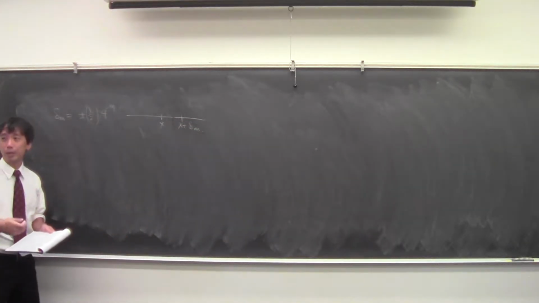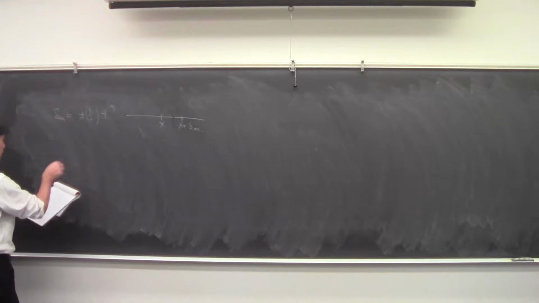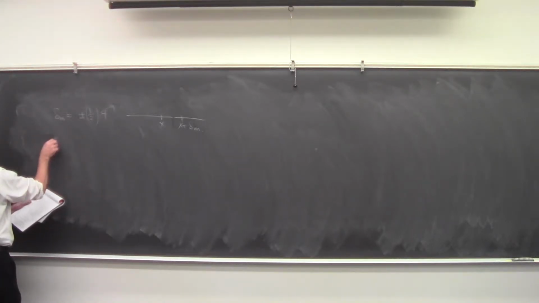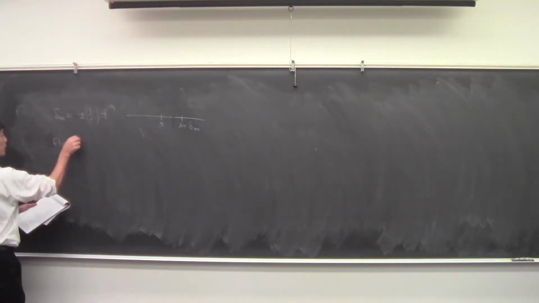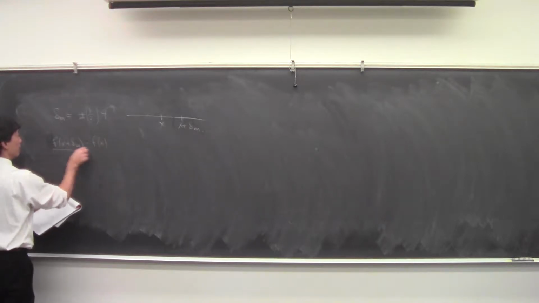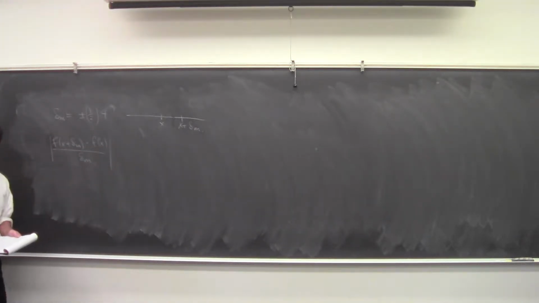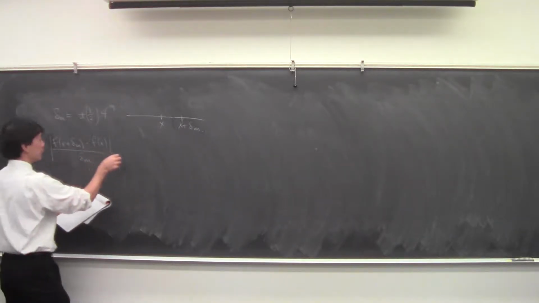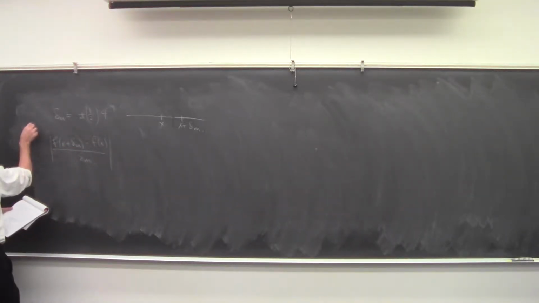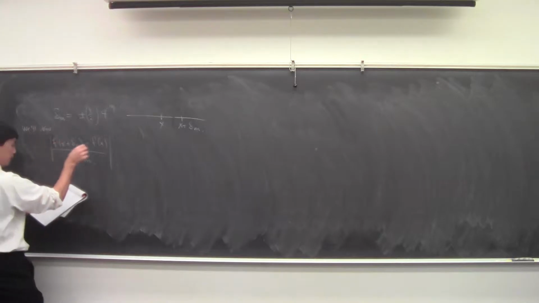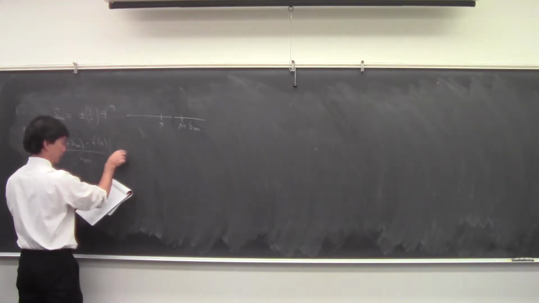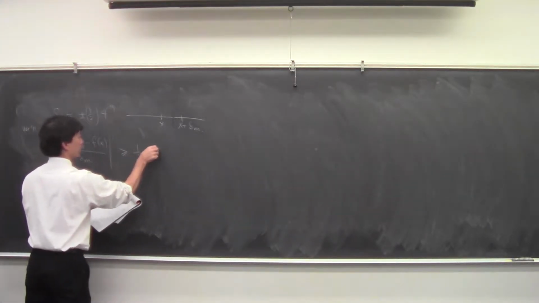The whole idea of the proof is that we're going to look at the function f of x plus delta m minus f of x over delta m. We're going to look at these things, and we'll show that this thing is bigger than 1/2 3 to the m plus 1.